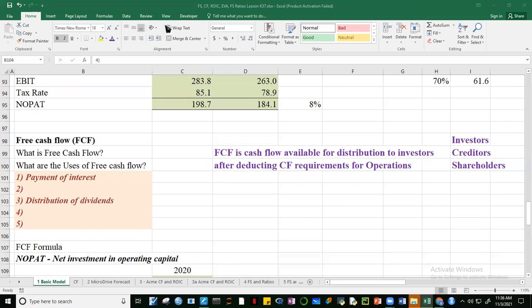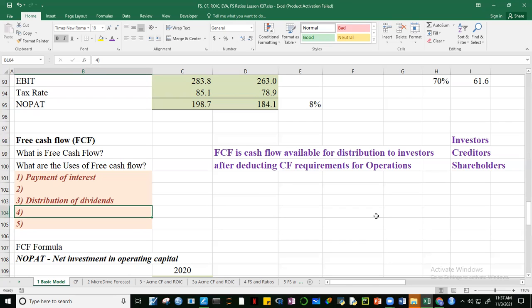Okay, who else, guys? Any other uses? Any other use of free cash flow? We have identified two. One is for creditors, the other one is for, yes, Angelica? Buying investments. Buying investments, okay. What kind of investments?